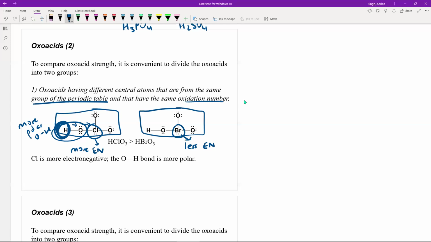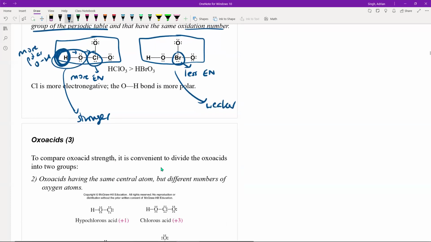That's the reasoning behind this difference, where you have different central atoms from the same group of the periodic table, but the same oxidation numbers. We look at the electronegativity differences to predict their relative strengths. So here the HClO3 is going to be a stronger acid, and then the HBrO3 is going to be weaker.